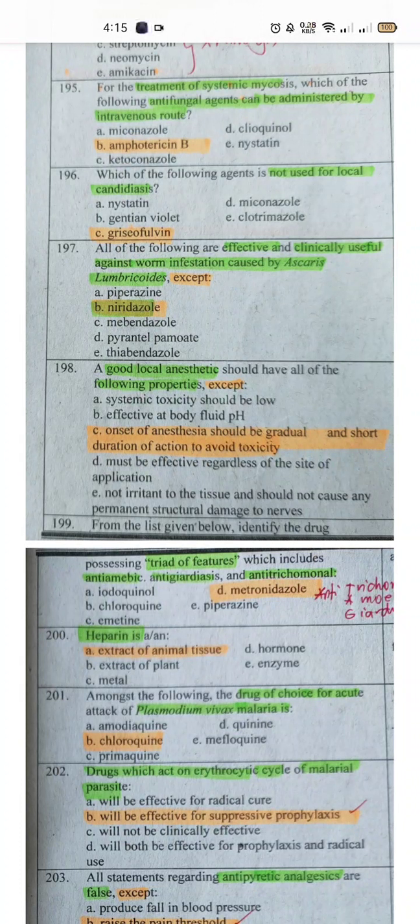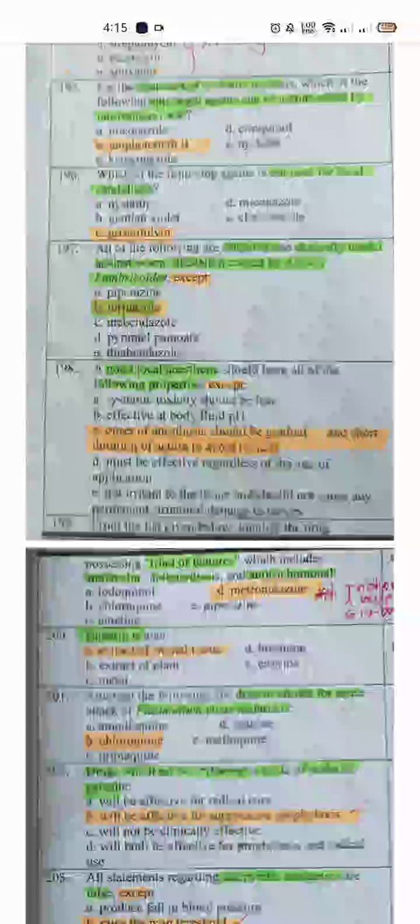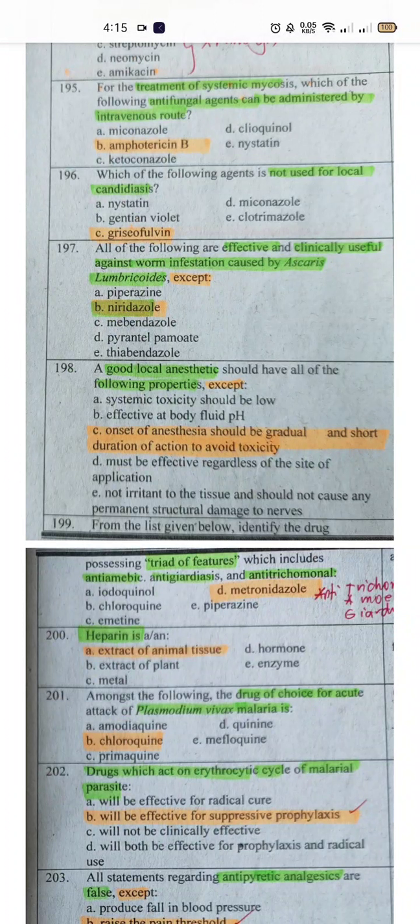Niridazole here is an anti-schistosomal whose principal application is in the treatment of infection caused by Schistosoma haematobium, the one causing urinary schistosomiasis.